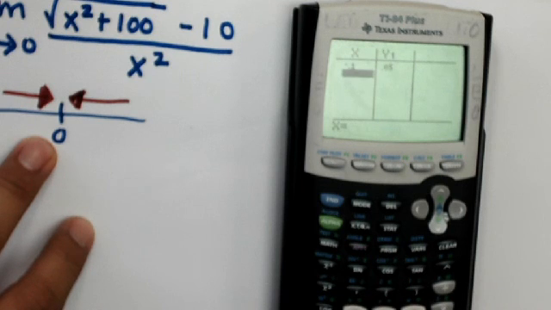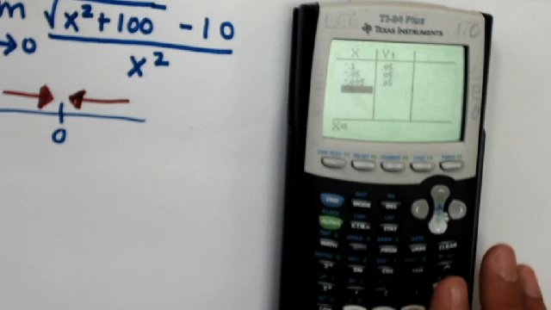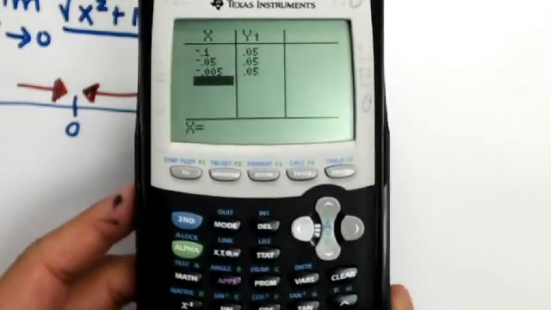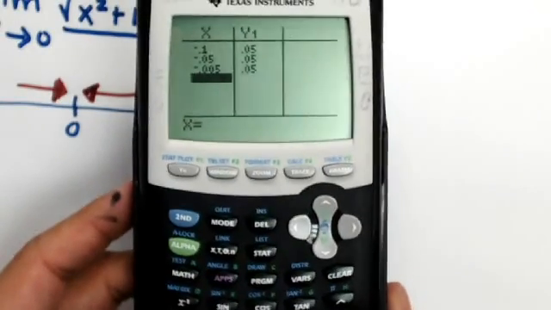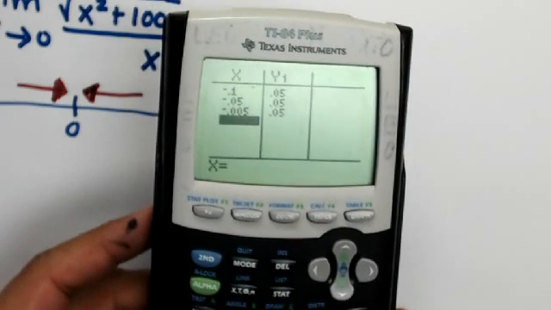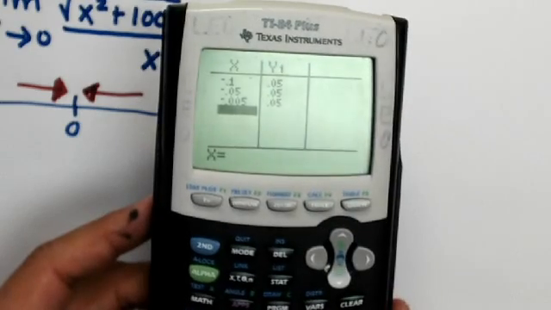Then negative 0.05. Then negative 0.005. As you can see, each entry is giving us, what is it giving us in each entry? 0.05. Do you see that? So I'm starting to think that this limit is equal to 0.05. 0.05 is actually what? 1/20th? Right? 0.05 is 1/20th.